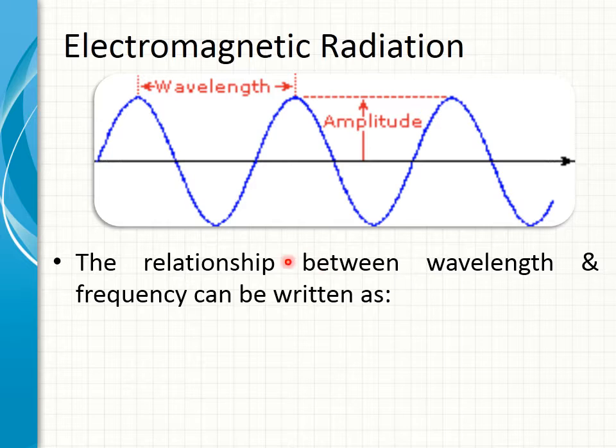Now here you can see a diagrammatic representation of a wave. The distance between 2 points on the wave present within the same phase is called the wavelength. And the maximum displacement from the midpoint is called the amplitude.